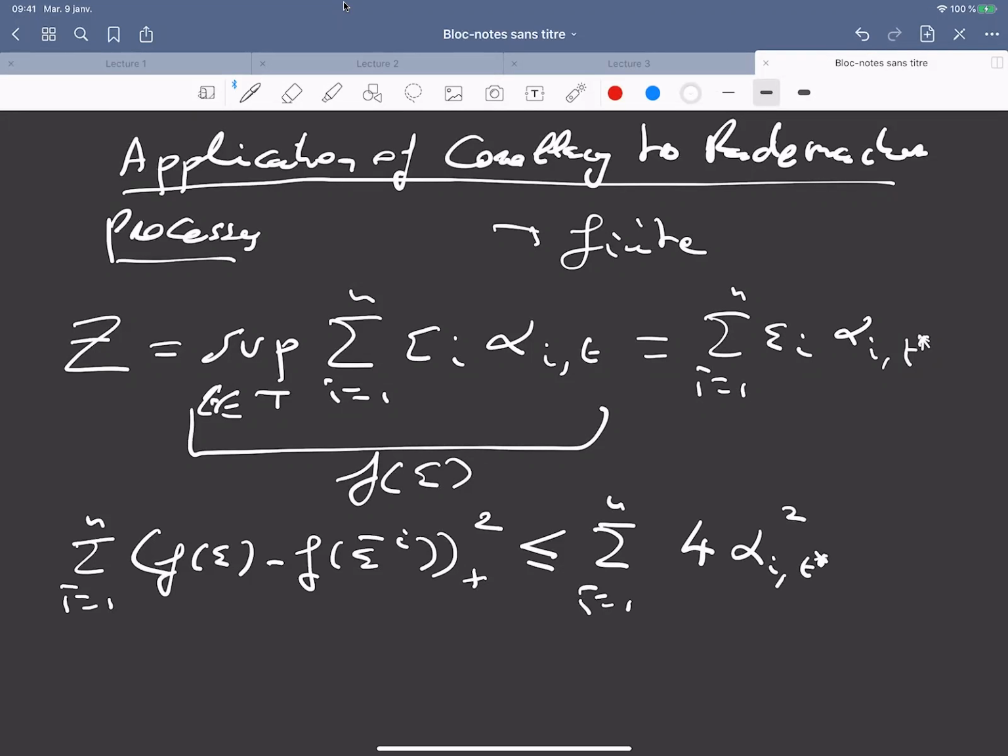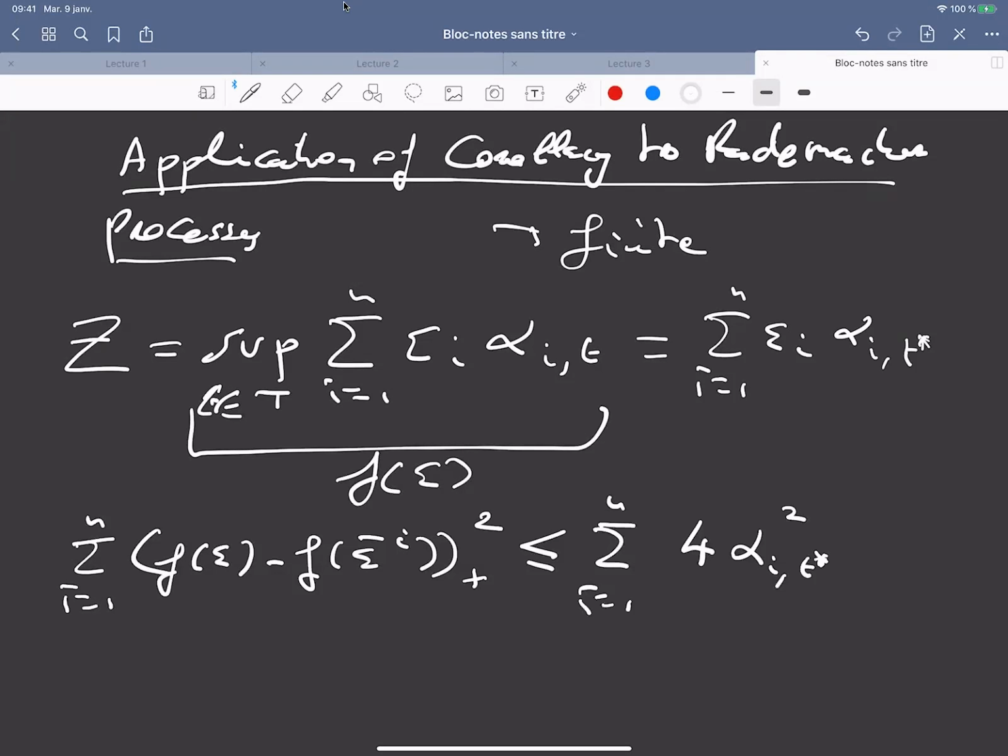Because when you look at the difference between those guys, you end up with alpha_{i,t*} times the positive part, it is less than alpha_{i,t*} times epsilon_i times 2 times epsilon_i in absolute value.